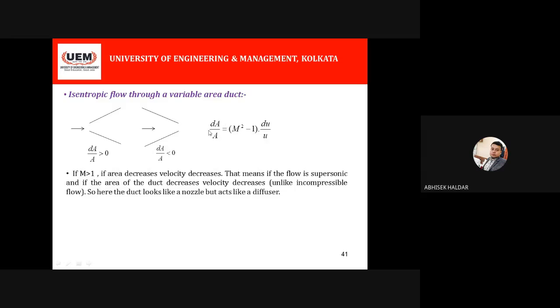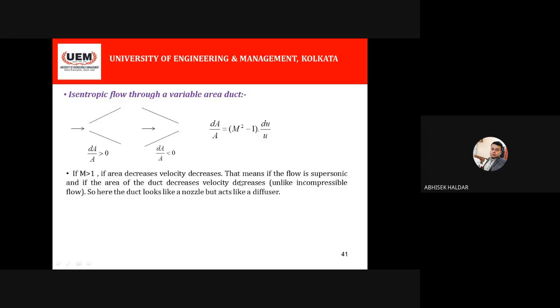Vice versa, if I increase the area, obviously u will increase. So here I have written the decrease case: if area decreases, that means the left hand side decreases, obviously the right hand side should decrease. So if the flow is supersonic and the area of the duct decreases, velocity decreases.